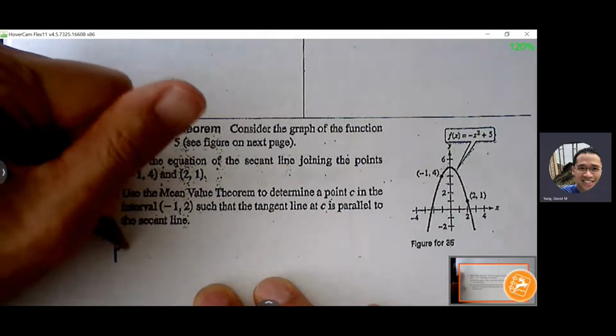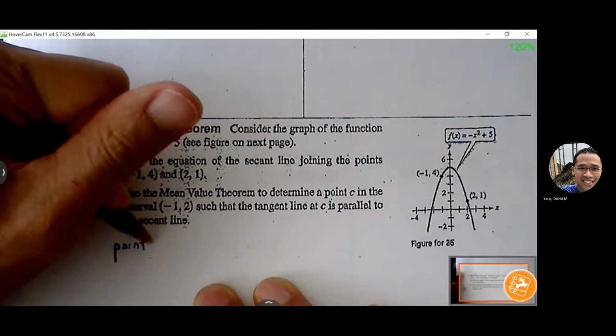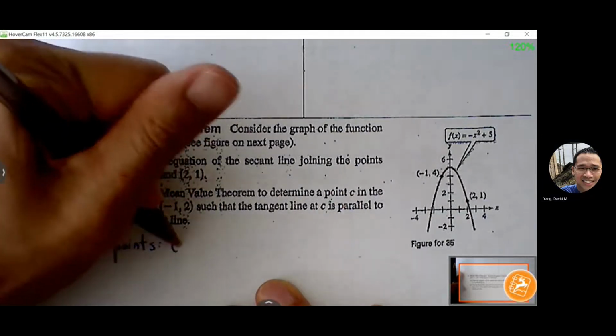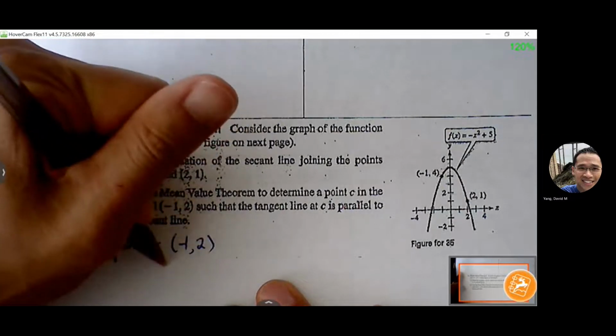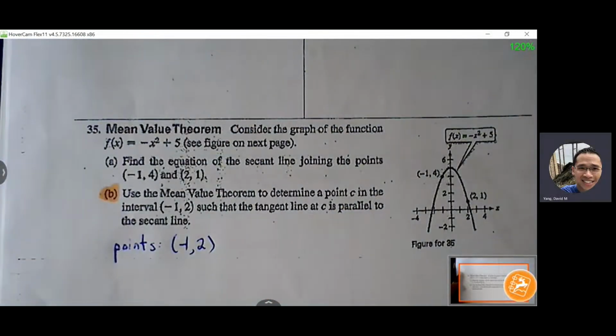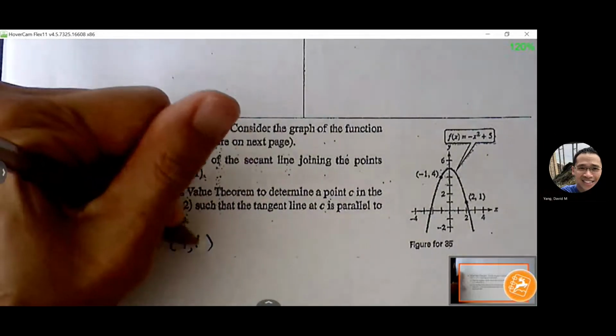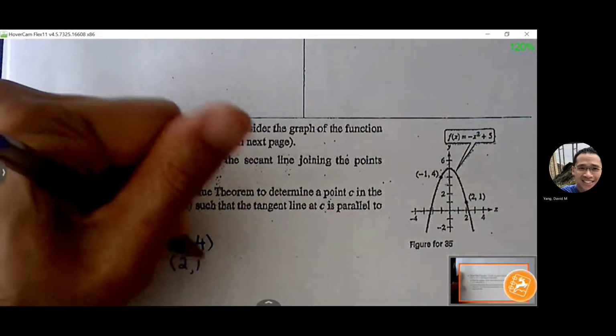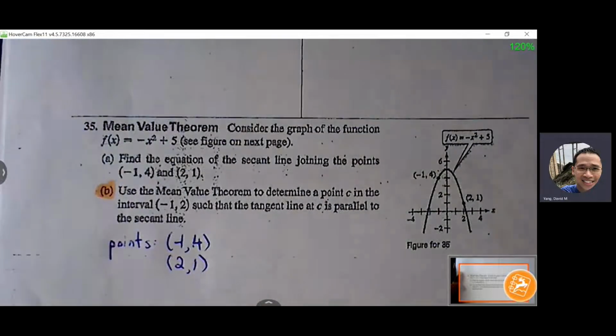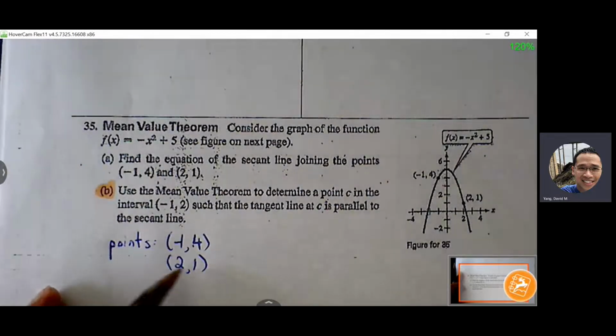So the first thing that we want to do is take those points, -1, 4, and 2, 1. And we want to gather the slope that we're targeting. You're always going to do this with mean value theorem. You're always going to try to figure out what is my goal, right? And the goal is always the slope between the endpoints.